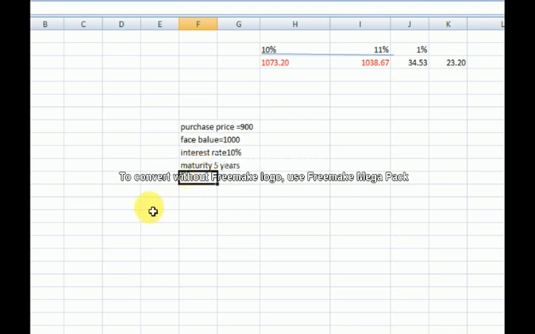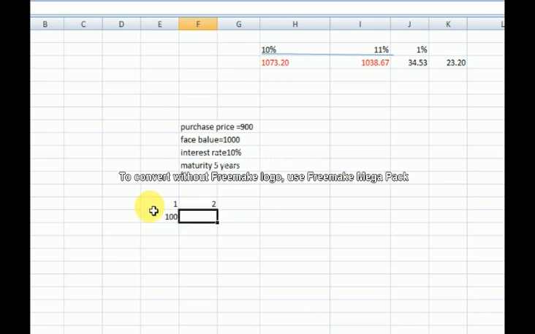Clear now? So, look at, after 1 year, I will receive how much? 10% of the 1000 face value is 100.